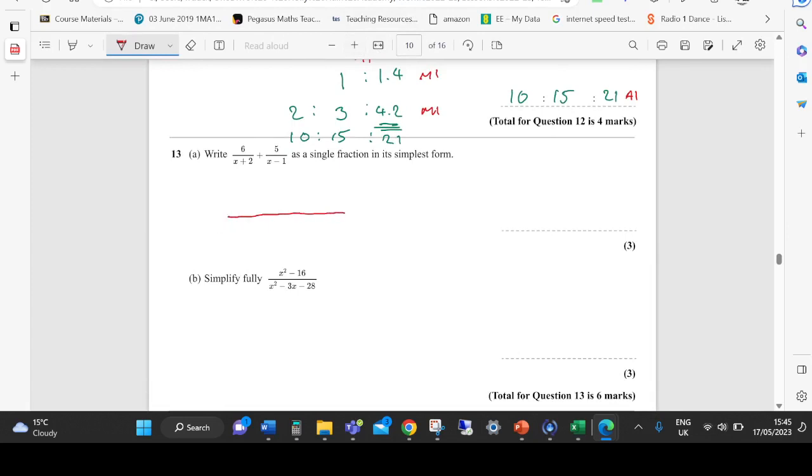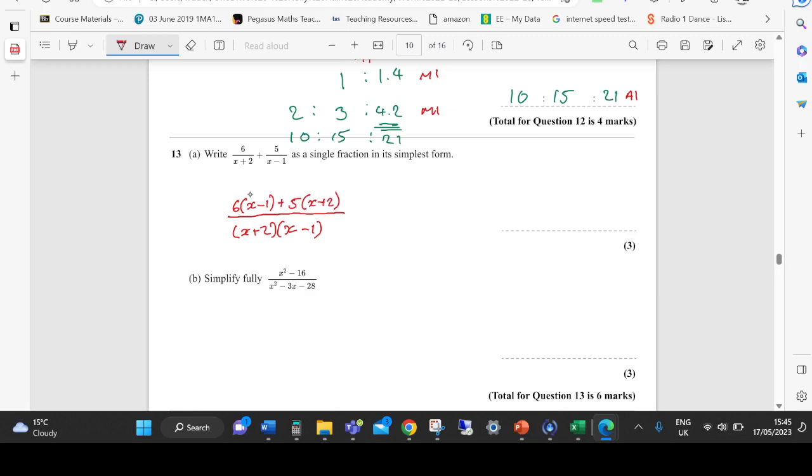So the denominator is going to be x plus 2 times by x minus 1. And to do that, I would need to times that fraction by x minus 1. So that's going to be 6 lots of x minus 1, plus 5 lots of x plus 2.